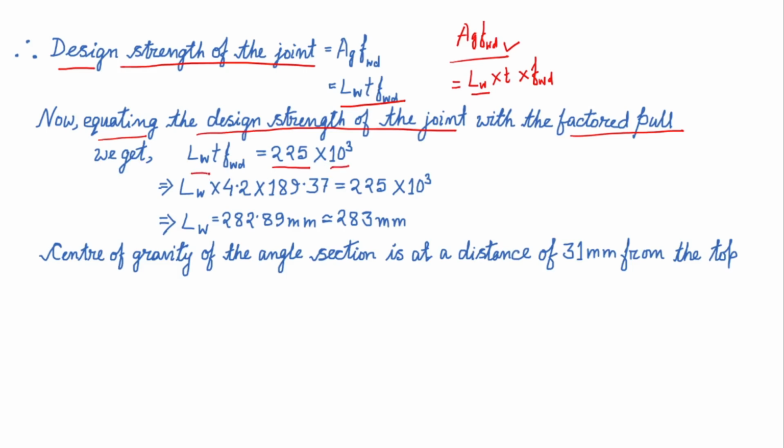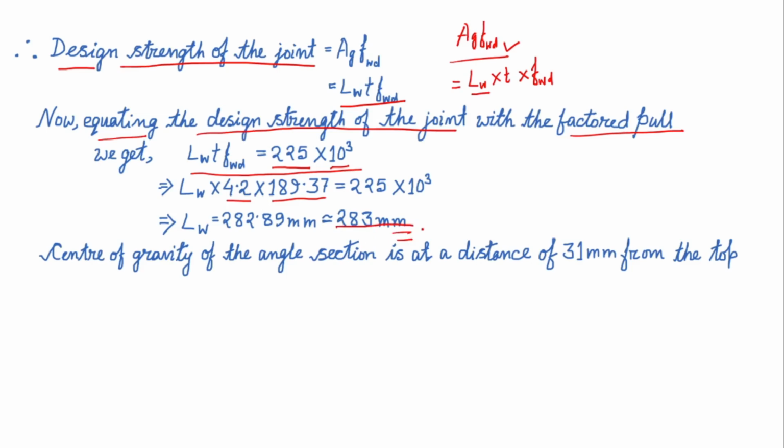So this is the equation: Lw t fwd equals 225 into 10 cube. Then if I put the numerical values of effective throat thickness, that is 4.2, and strength of the weld 189.37, and simplify this equation, I will get the effective length of the weld as approximately 283 mm.